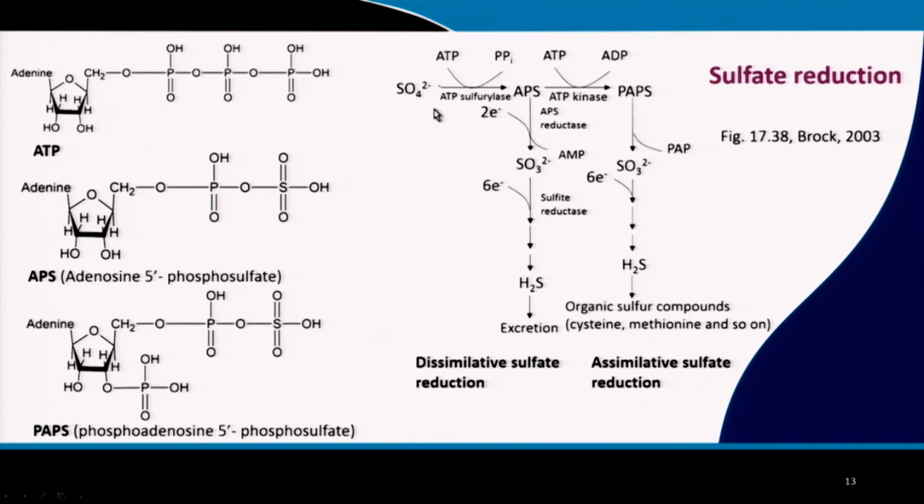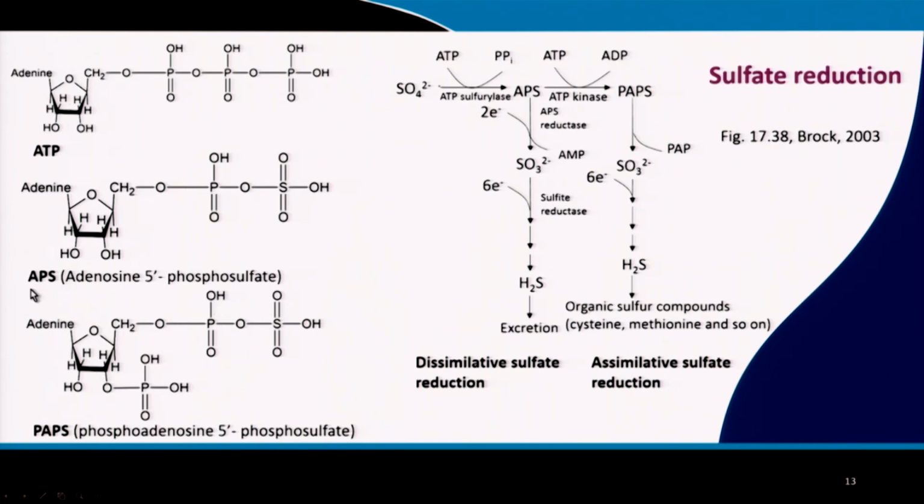There is another possibility, and that is assimilative sulfate reduction. So in assimilative sulfate reduction, sulfate again has to donate 8 electrons and give them to hydrogen sulfide. In this case, another compound is formed, and that is phosphoadenosine 5-phosphosulfate. So here you have our ATP molecule.